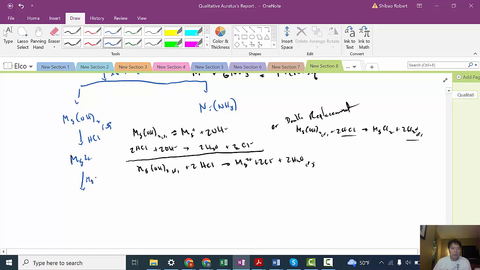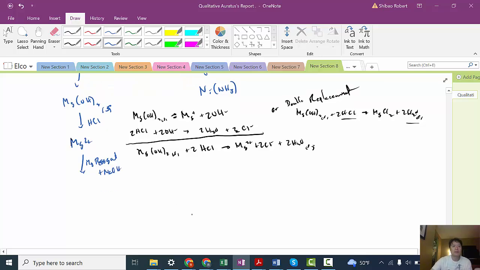So magnesium reagent plus sodium hydroxide, sorry, less and less legible. And so I'm just going to write this as a net ionic, so plus two hydroxides.